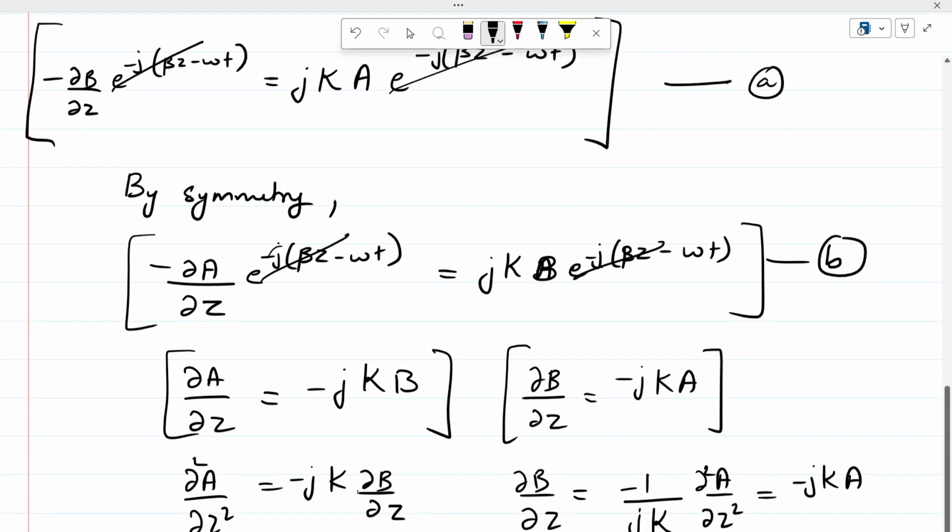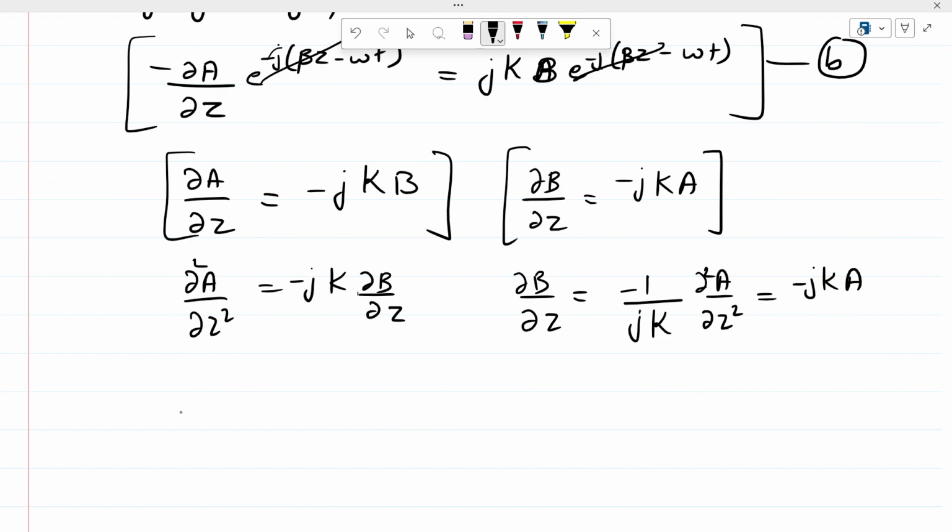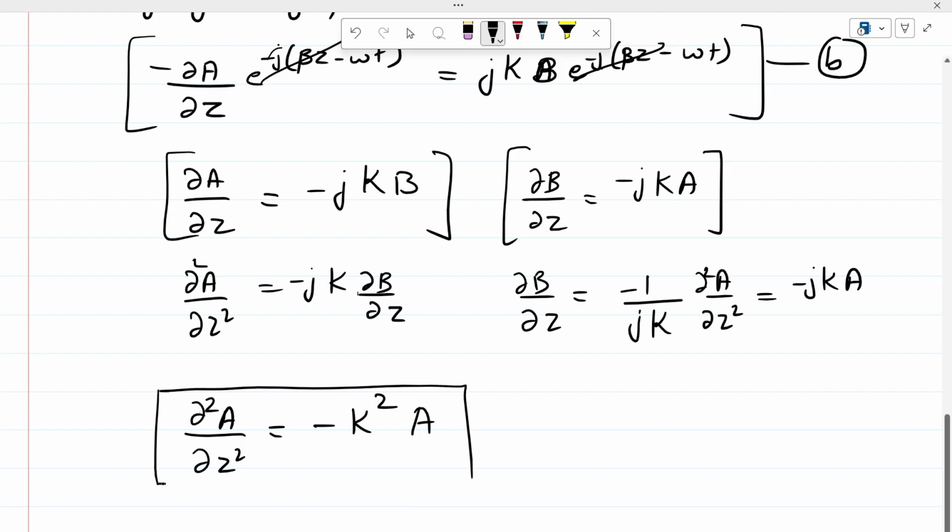So from these two, we will get a double differential equation: ∂²A/∂Z² equals minus κ² A, since j² is minus 1. So this is the equation that I have.